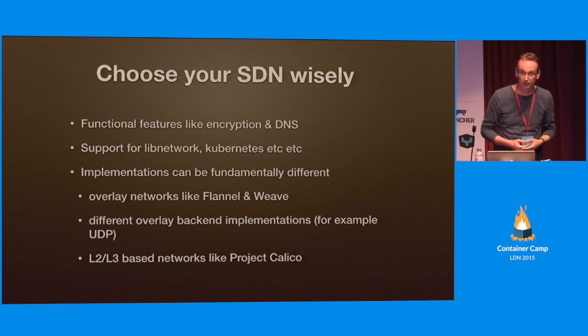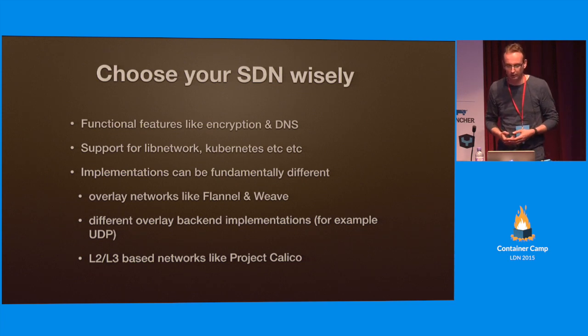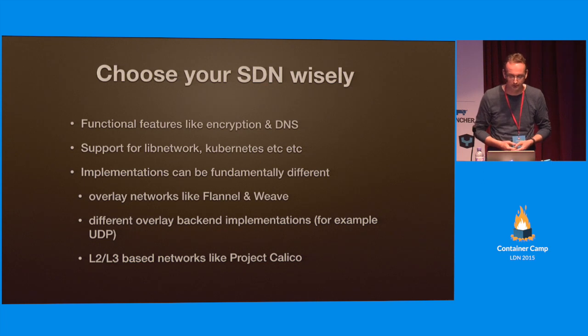An SDN like Weave offers extra functionality compared to something like Flannel, like DNS and encryption of your network traffic. But also you might be interested in the actual support for libnetwork. Flannel doesn't yet support libnetwork or things like Kubernetes.